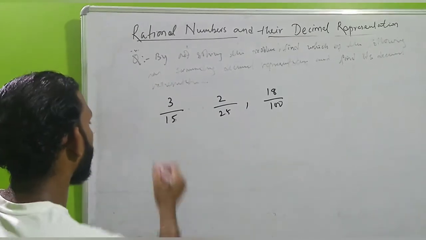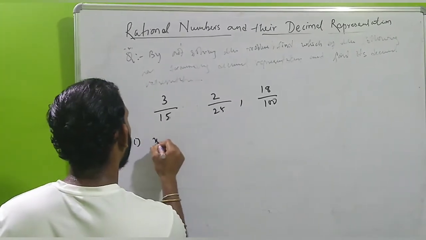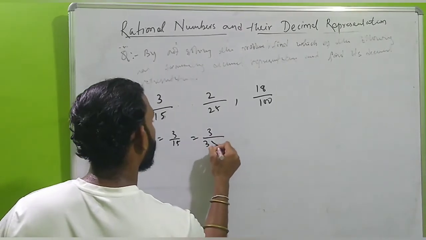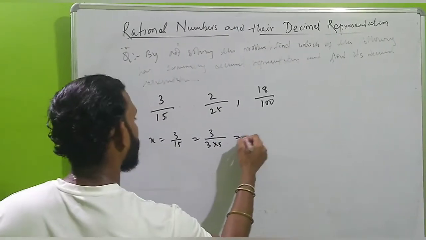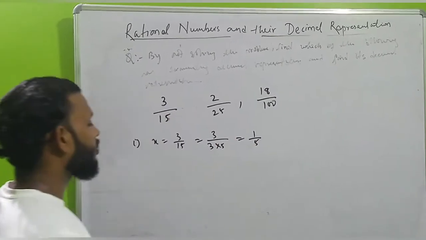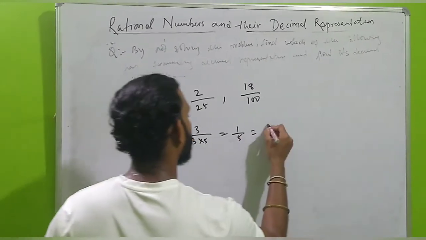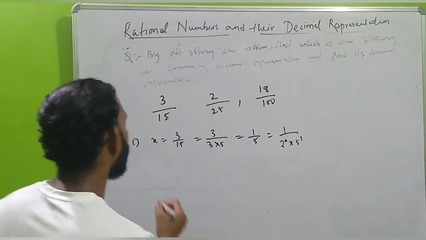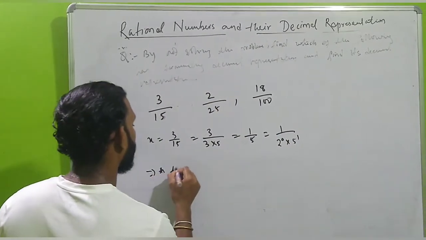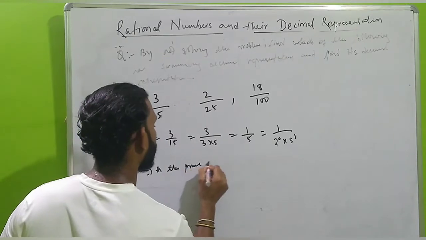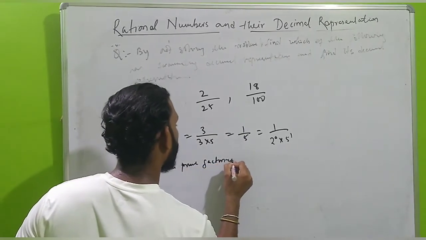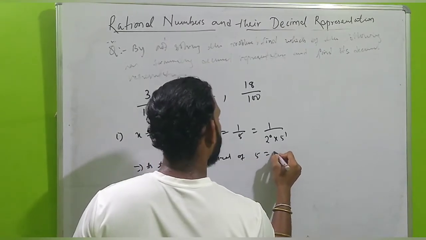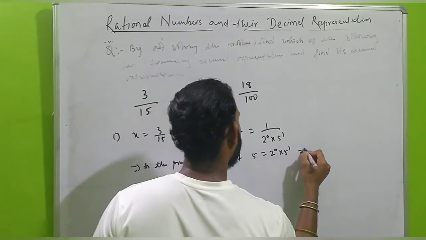So for the first one, x is equal to 3 by 15, that is equal to 3 by 3 into 5. So that is equal to 1 by 5. So I can write this as 1 by 2 to the power 0 into 5 to the power 1. This implies the prime factorization of 5 is 2 to the power 0 into 5 to the power 1.